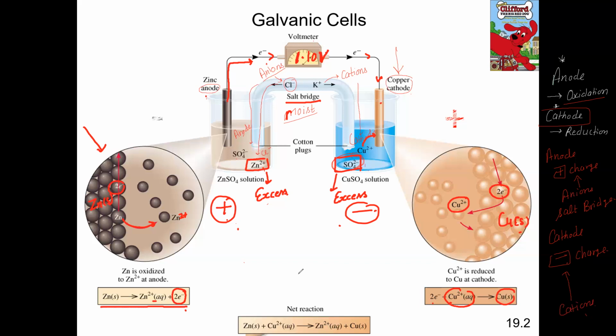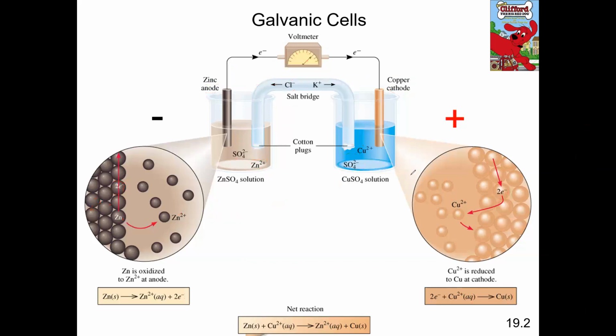Cathode, reduction. Anodes are getting extra positive charge, so anions will move from the salt bridge. Cathode is getting extra negative charge, so cations will move from the salt bridge. Ready to answer my questions? Questions will be very simple. I'm just trying to make you memorize a few things so that you have longer retention.